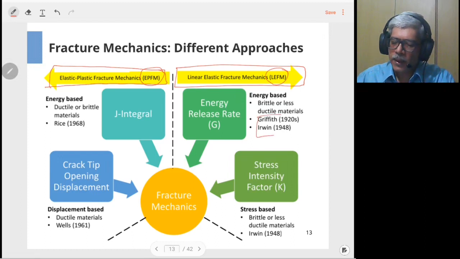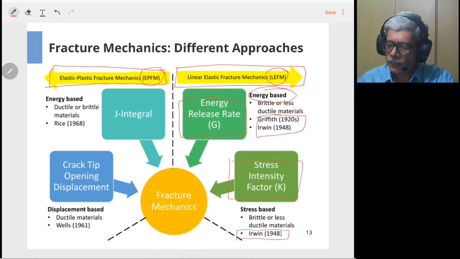The work by Griffith and Irwin in the 1920s to 1950s, based on an energy based approach, led to what is known as the energy release rate factor G approach, and the second is the stress intensity factor based approach, which is again based on Irwin's work in 1948.